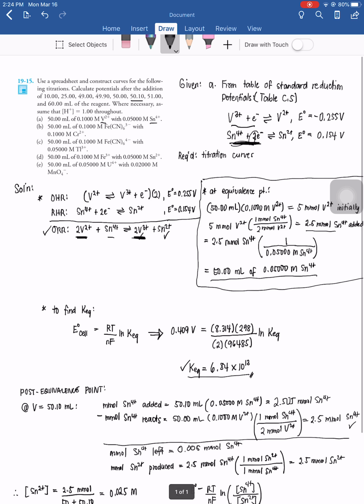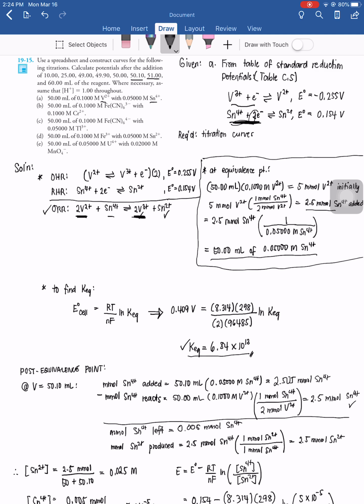For all of the other volumes post-equivalence, we follow basically the same procedure. So you can now try to compute what the cell potential is at 51 ml and also at 60 ml. Again, I'll be posting on Blackboard the values for these so that you can check if you have the correct values.